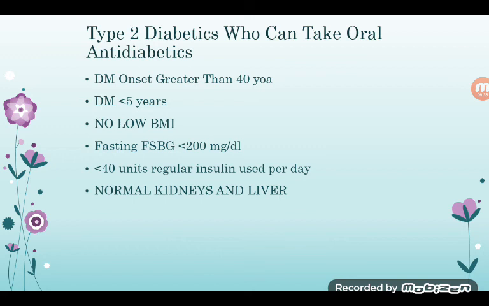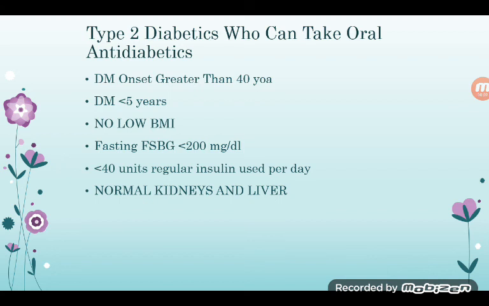Type 2 diabetics who can take oral antidiabetics. So if their diabetes mellitus onset is greater than 40 years of age, they've had diabetes less than 5 years, they don't have a severely low BMI, so they're less likely to be a type 1.